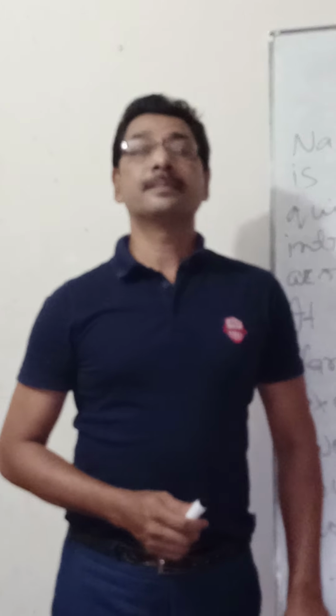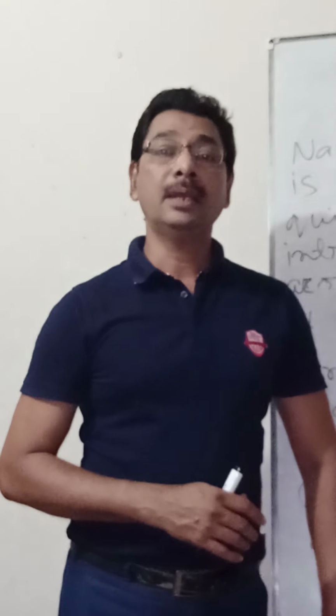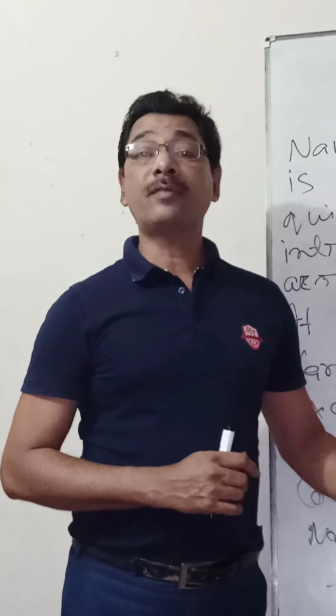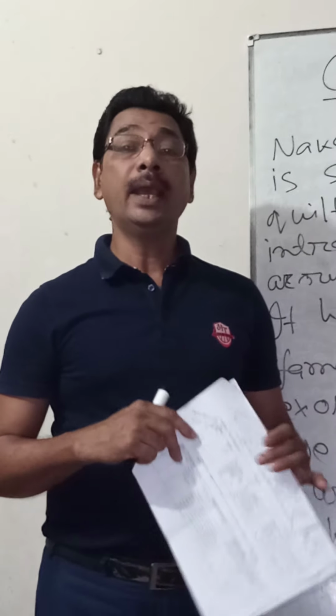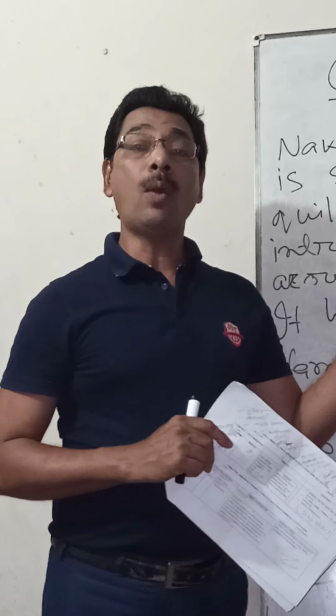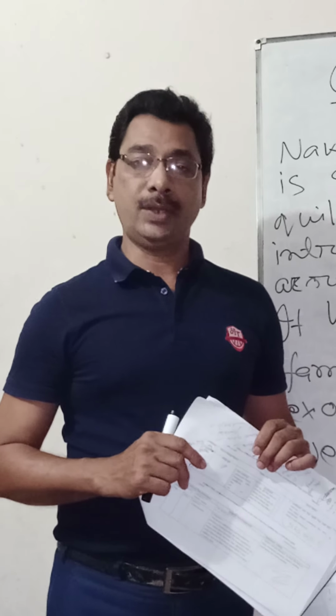My dear students, you have already seen how I have written an assignment of class 8. You already find two assignments. One is, why do you like Nakshikatha? And the second one, a delicious dish.